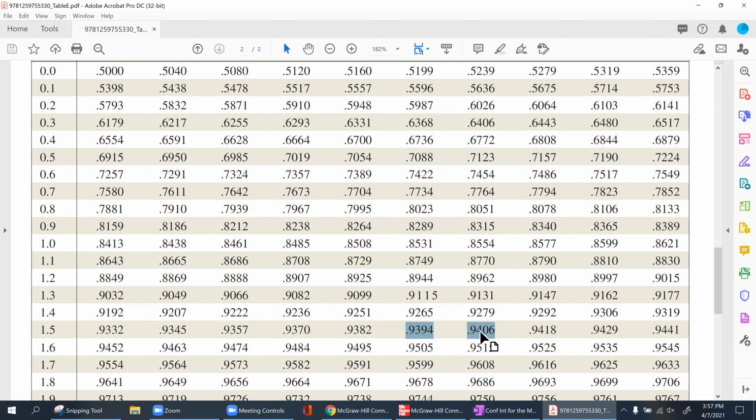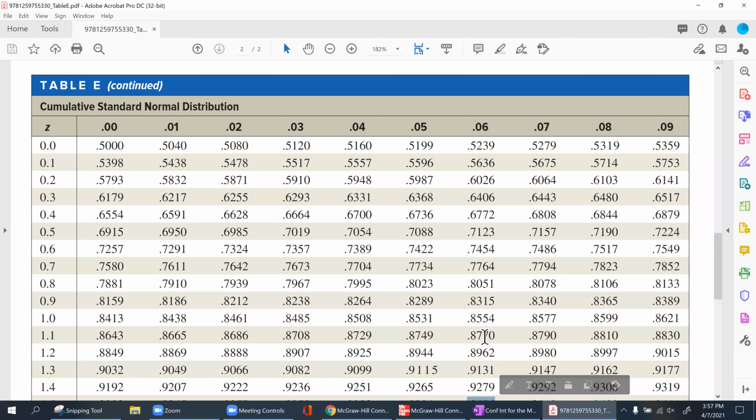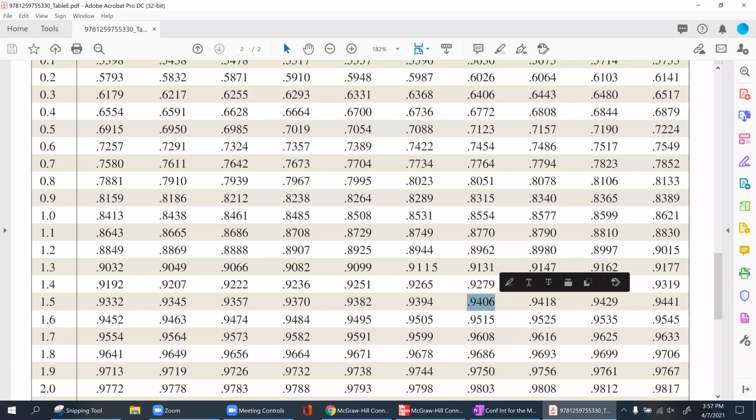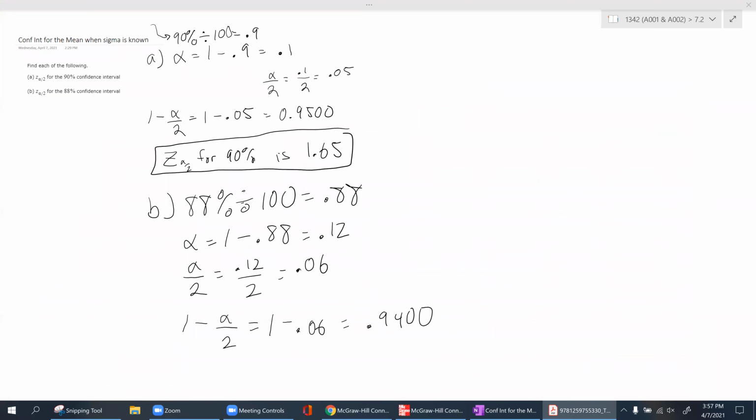This is going to be 1.56. So in other words, z alpha over 2 for an 88% confidence interval is 1.56.